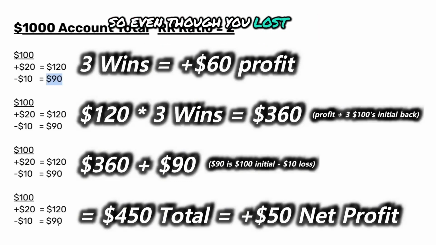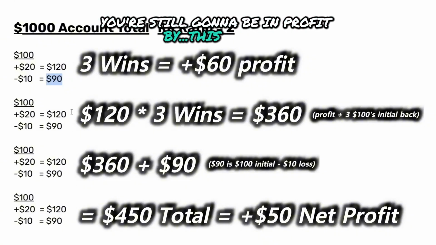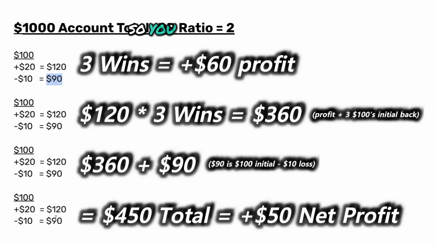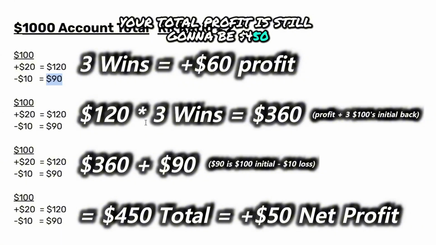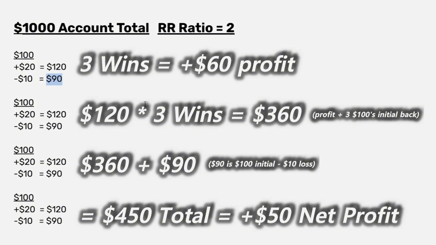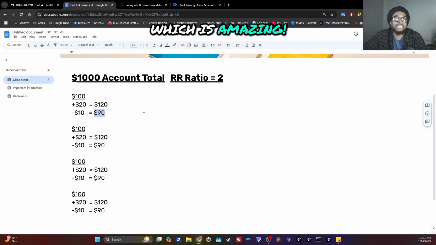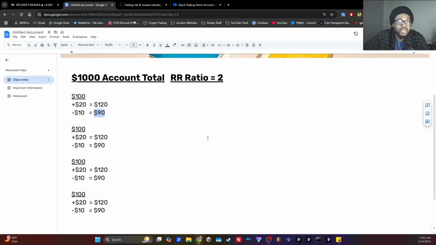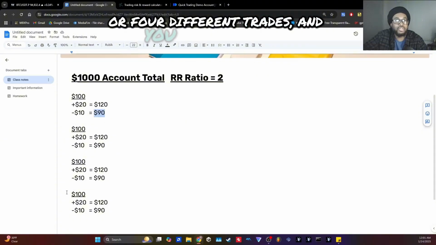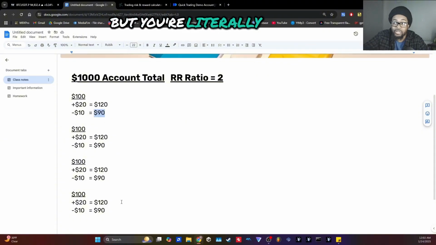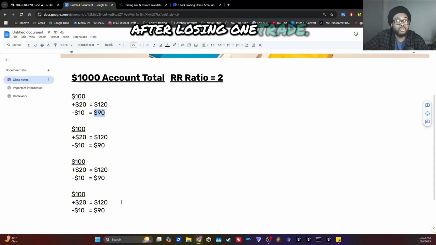So even though you lost this, you're still going to be in profit. This is 360, so you add 90 onto that, your total is still going to be 450, which is amazing. You spread it across 4 different trades, and you lost 1 trade, but you're literally still in profit after losing 1 trade.